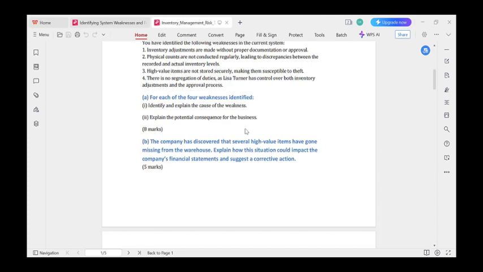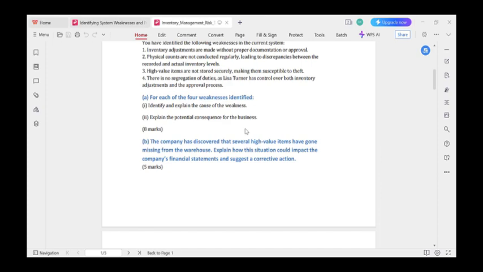It will also have financial implications for the business, because it would be leading to erroneous decision making internally. Okay, these are going to be the consequences of that.